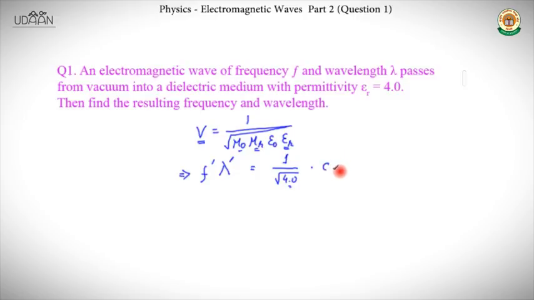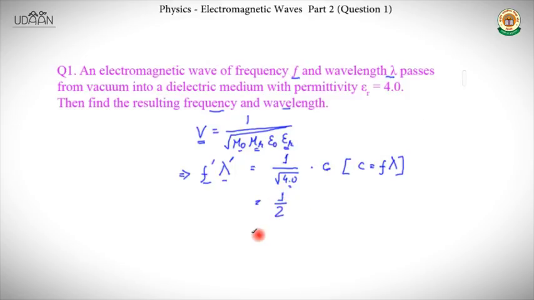That gives rise to c, the velocity of light in free space. So this c is equal to f lambda, the frequency and wavelength that are given here. The resulting frequency and wavelength are these. Here we see that 1 by 4.0 under the root is equal to 1 by 2.